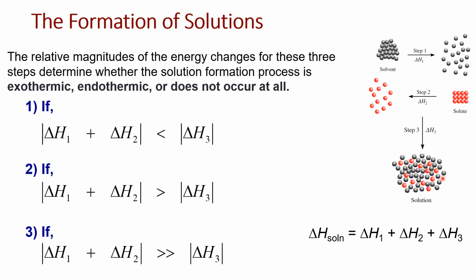So products minus reactants, right? So if this is greater than this, minus this is going to be a positive value, right? So that's an endothermic. And so similarly, you could have an exothermic system.